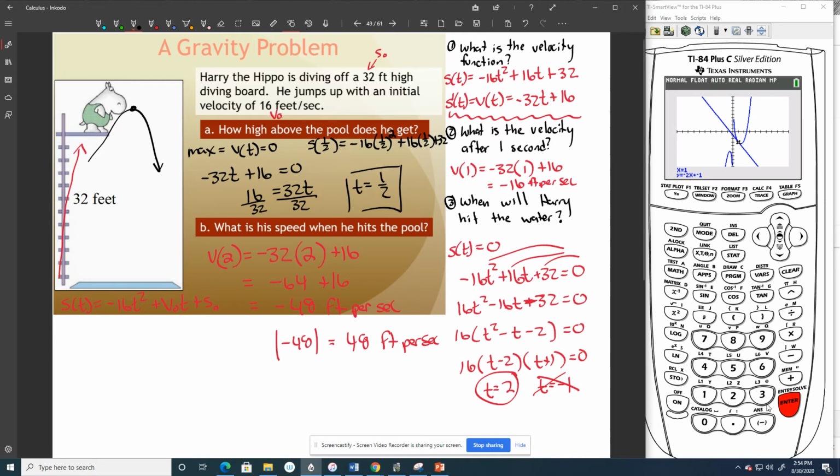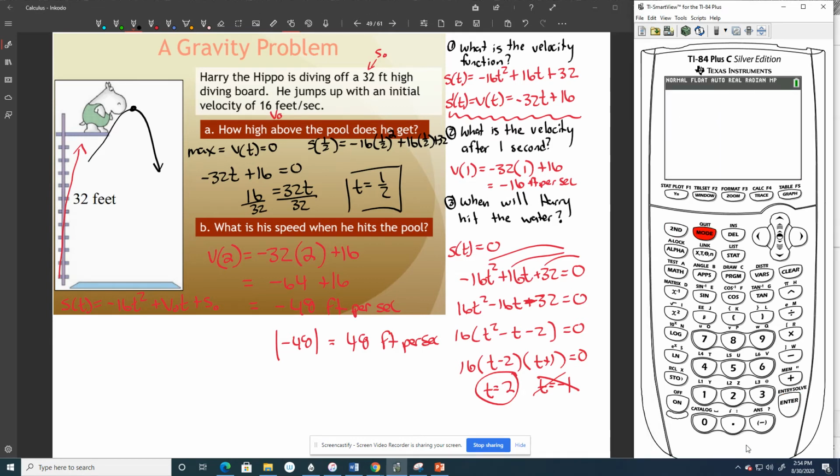So let's plug that in right here. Negative 16 times 1/2 squared, and then I need to add 16 times 0.5.